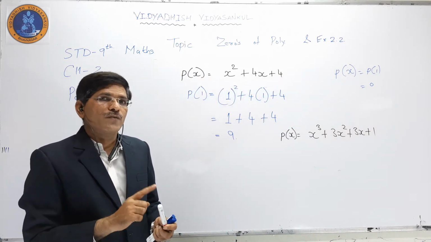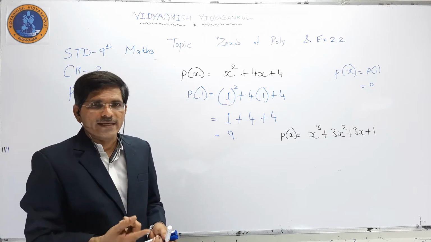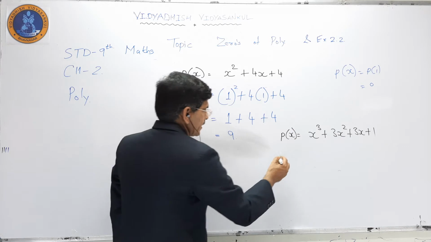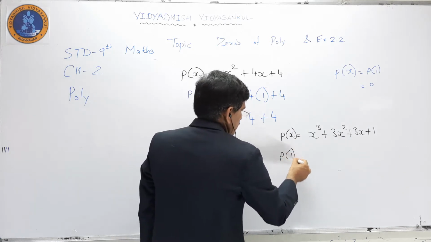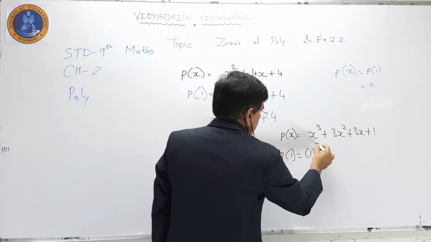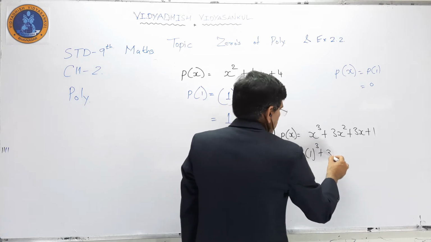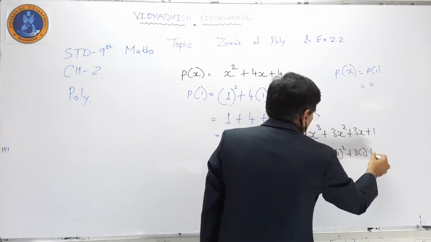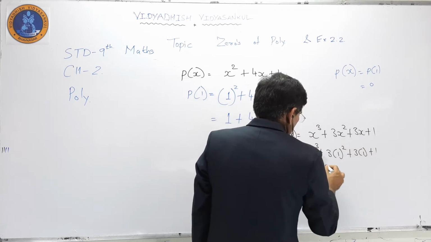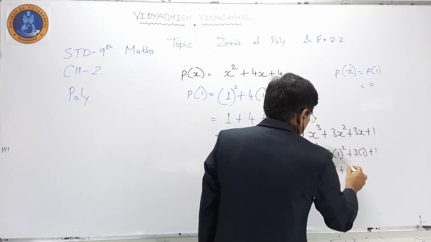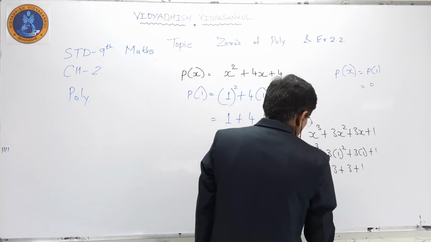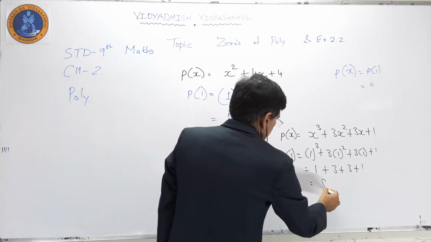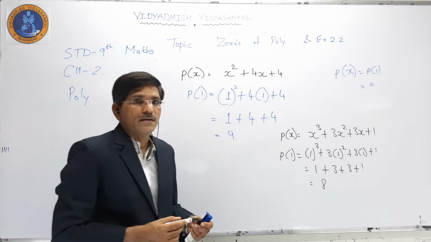Now if I put x equal to 1 here, then 1 to the power 3, 3 times 1 to the power 2, 3 times 1, plus 1. So 1 plus 3 plus 3 plus 1, I get the answer 8.